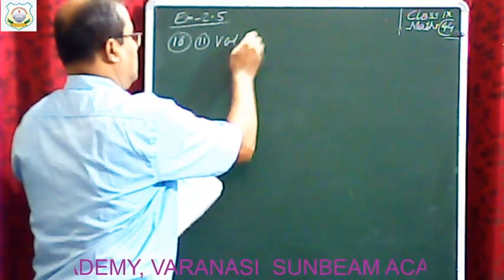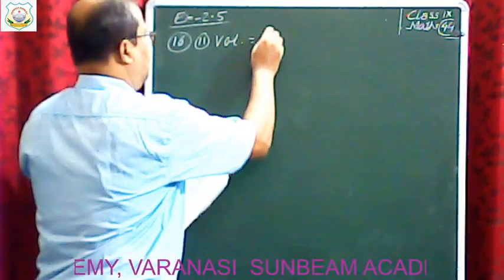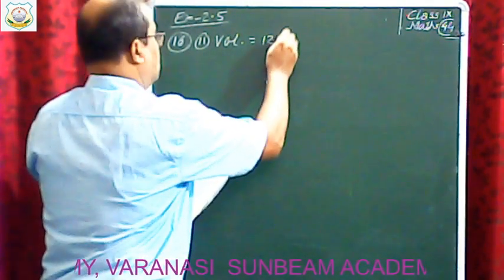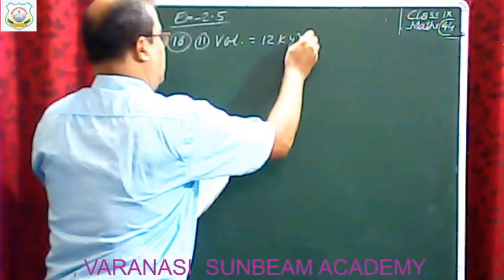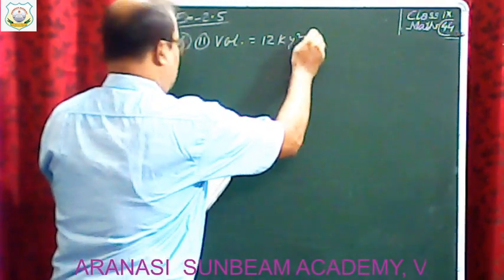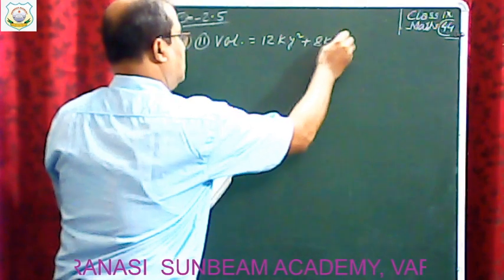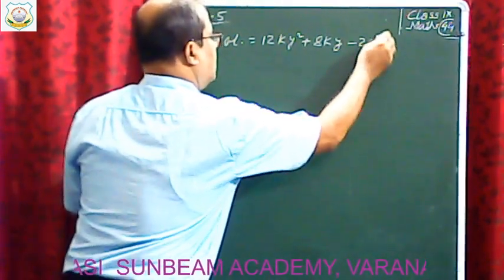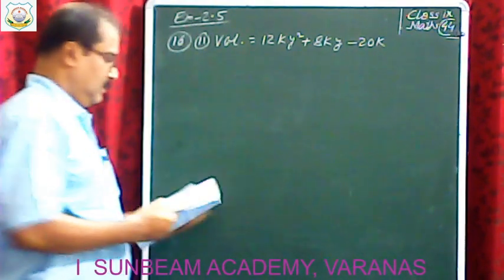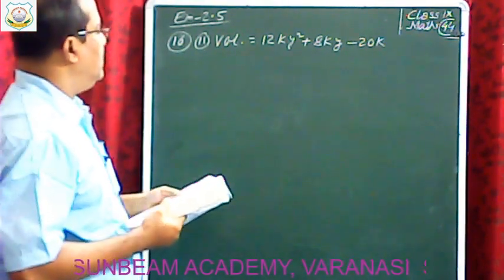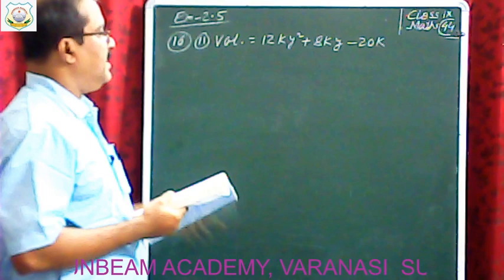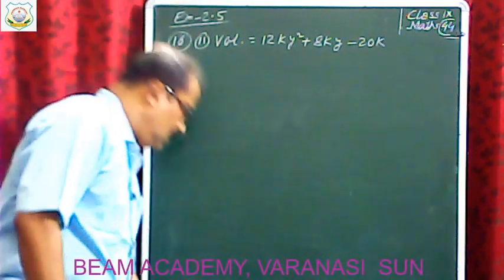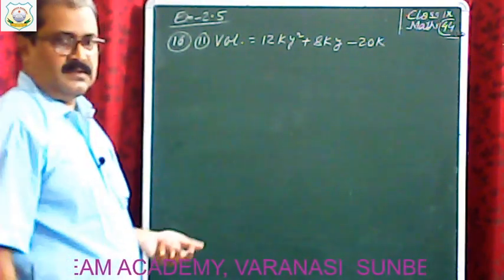The volume of the cuboid is given: 12ky square plus 8ky minus 20k. You have to factorize first.